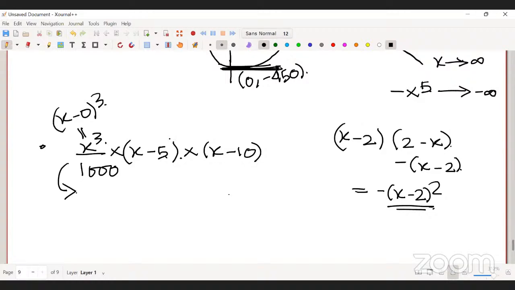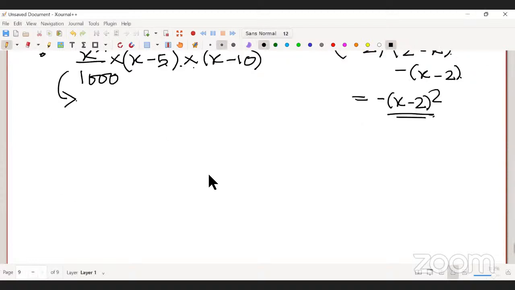Okay, thanks, sir. Sir, I have a question. What if we have graphs of two polynomial functions? How are we supposed to know how many times they are going to intersect? For that you need to solve the polynomial, right?